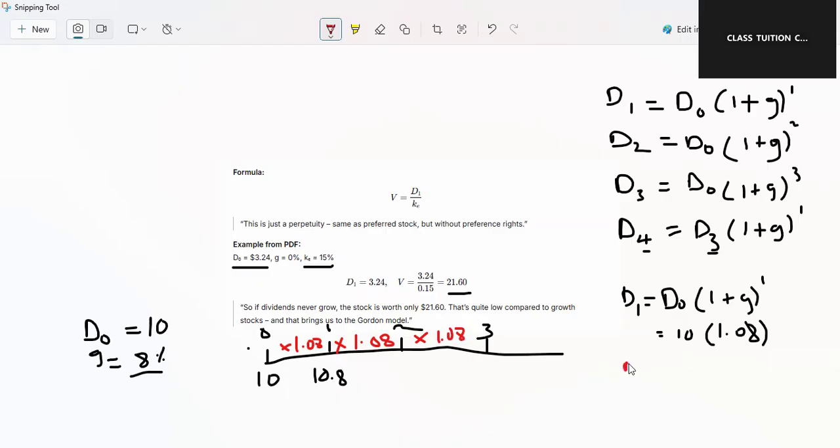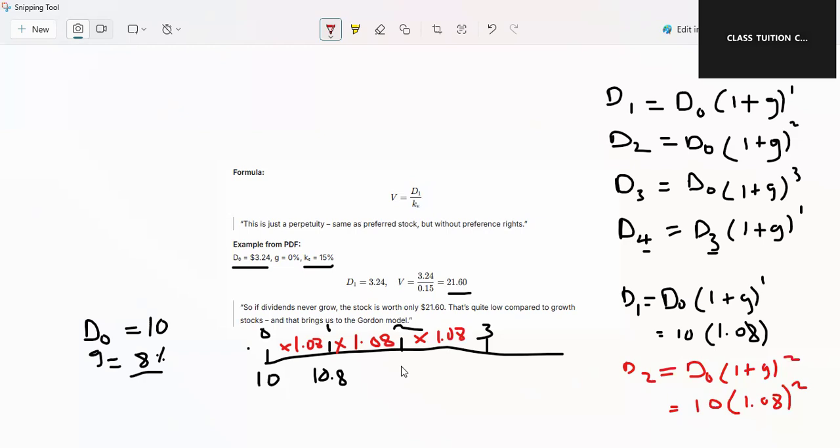So the normal way here to get D2 is what? D0 times (1 plus growth) to the power 2. So ordinarily, we're going to say 10 times 1.08 to the power 2. What do we get? Others just multiply this 10.8 times 1.08.